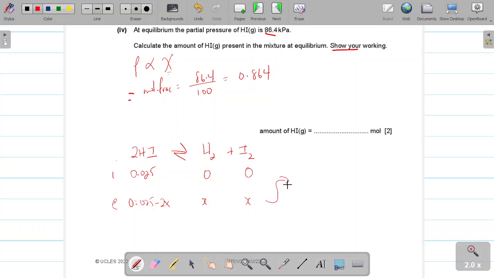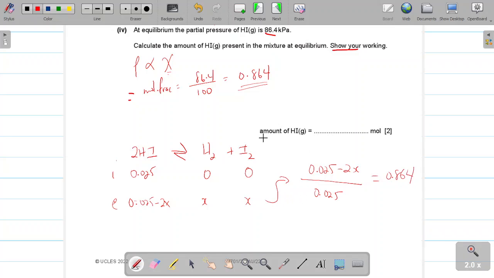And from this we can get the mole fraction of hydrogen iodide. The mole fraction of hydrogen iodide is 0.025 minus 2x all over the total number of moles which we have present, which will be 0.025 minus 2x plus x plus x, which just becomes 0.025. This is the expression for the mole fraction, and we know that our mole fraction must be equal to 0.864.